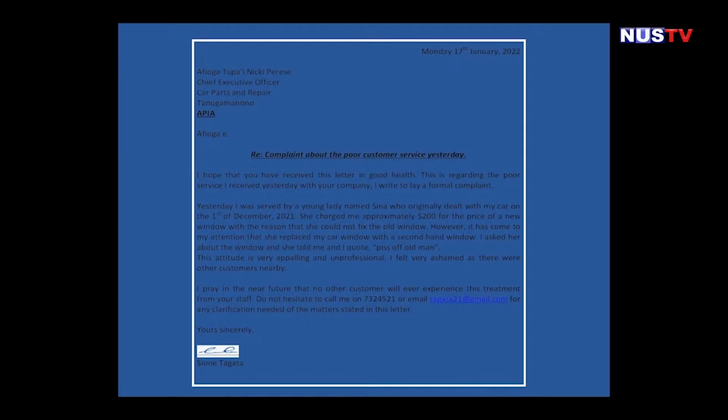However, it has come to my attention that she replaced my car window with a second-hand window. I asked her about the window, and she told me, and I quote, "Piss off, old man." This attitude is very appalling and unprofessional. I felt very ashamed, as there were other customers nearby.